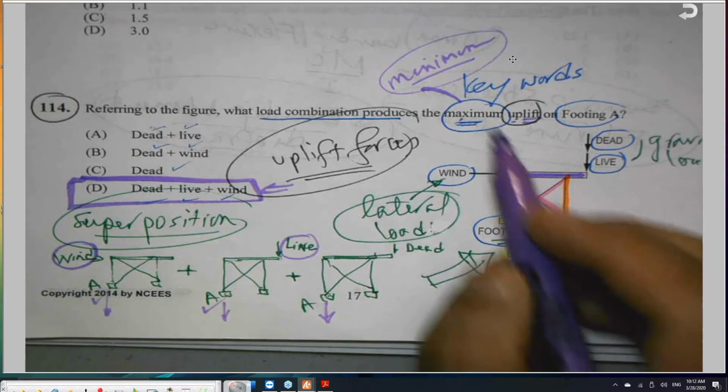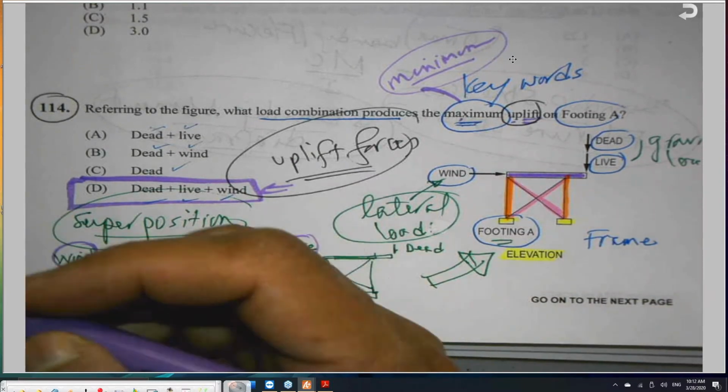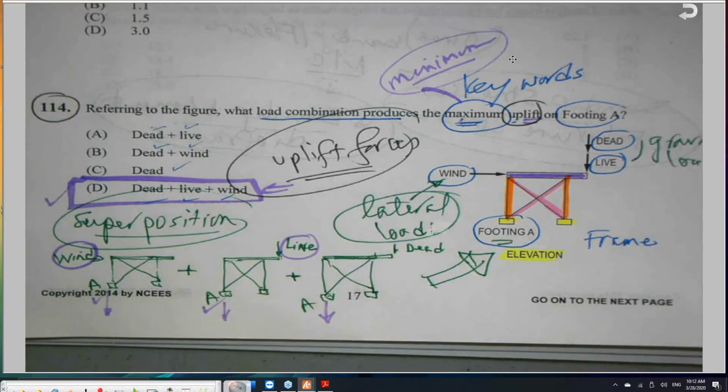Is the answer going to be different from D? D will give you the maximum. And you can check the answer at the end of the book and let me know, please. If I made a mistake, sometimes I make mistakes. But if the word is changed to minimum, do you think that the answer will be different from D? Yes.